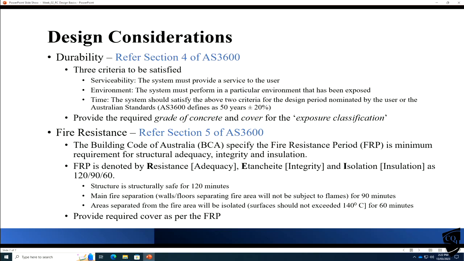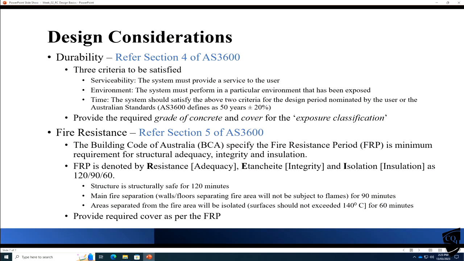So as we know, all our design is according to the limit state principle, so we use ultimate limit state and serviceability limit state, but they also need to have proper fire resistance, and it should have good durability.